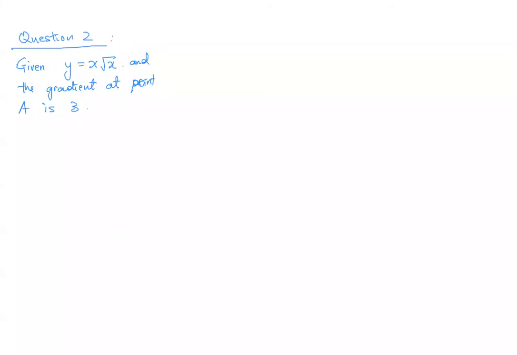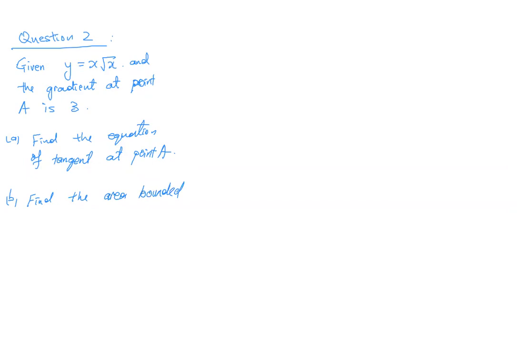Part A, find the equation of tangent at point A. Part B, find the area bounded by the tangent and the axis. Axis means the x and the y axis.